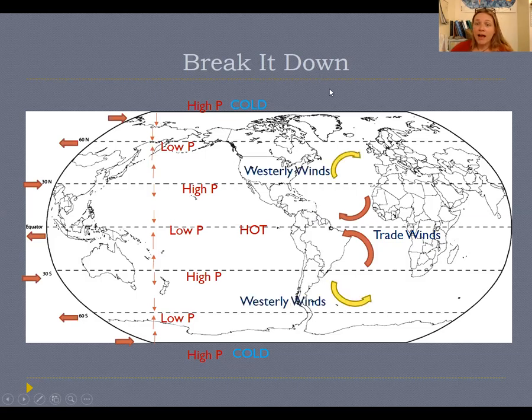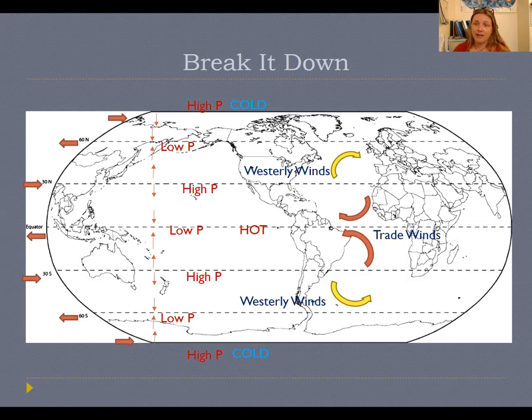Okay, the next set of winds are called westerly winds, and these are the winds that blow kind of at the base of the Ferrel cells, and they are moving away from the high pressure zones at 30 degrees latitude. So then we know that the winds are moving away from that area towards higher latitudes, but they're not moving in a straight line.